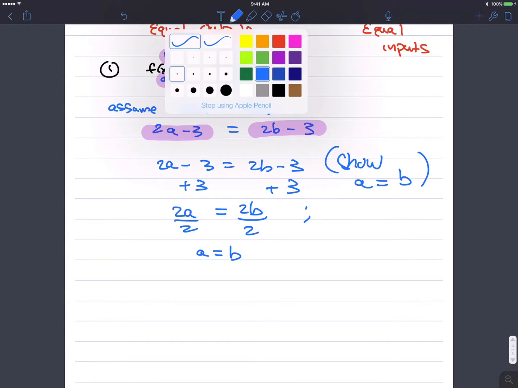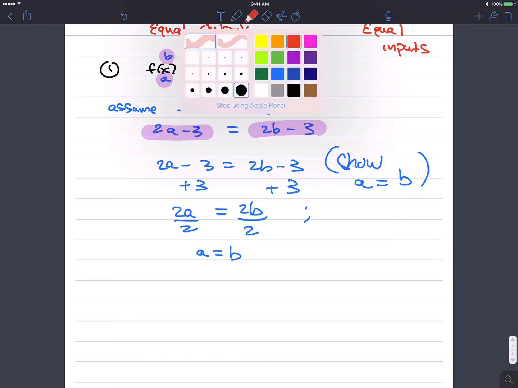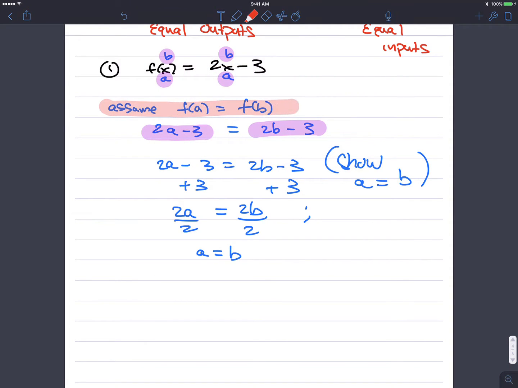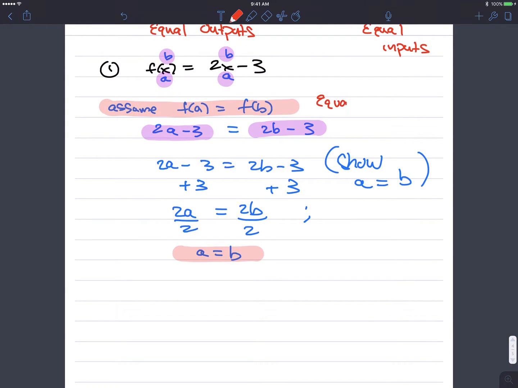When we assumed here that the outputs were equal, we guaranteed that the inputs are the same. Okay? Meaning equal outputs guarantee equal inputs.